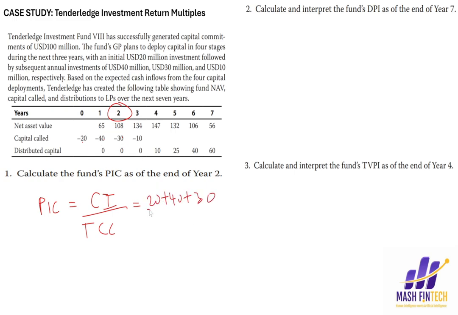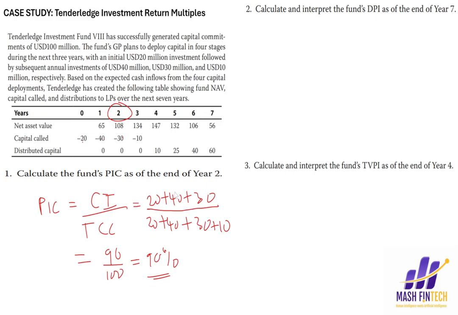And the total capital committed is simply going to be 20, 40, 30, 10. If you add all of this, you're going to have 90 over 100, which is 90%. So basically, by the end of year 2, the company has called in 90 million of capital in 3 steps over the 3 years. So this is 90% of the 100 million of capital that was committed.